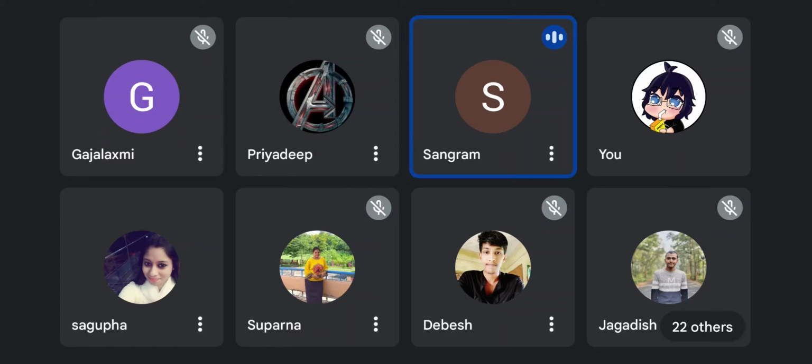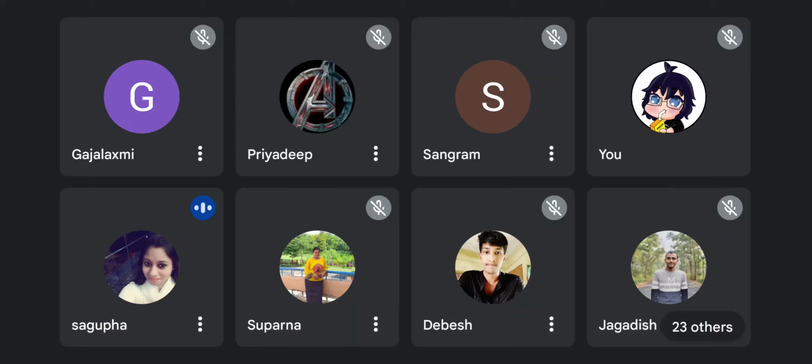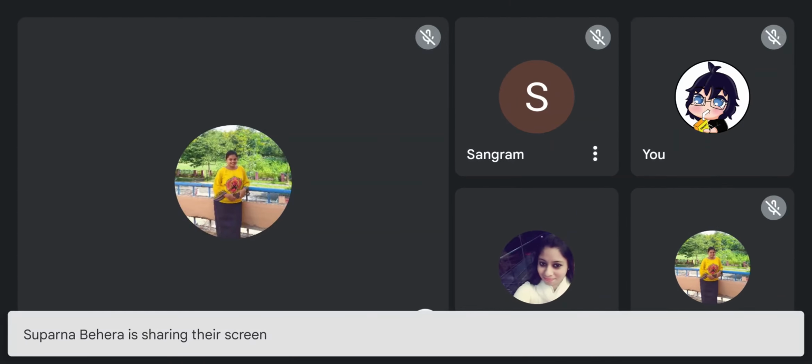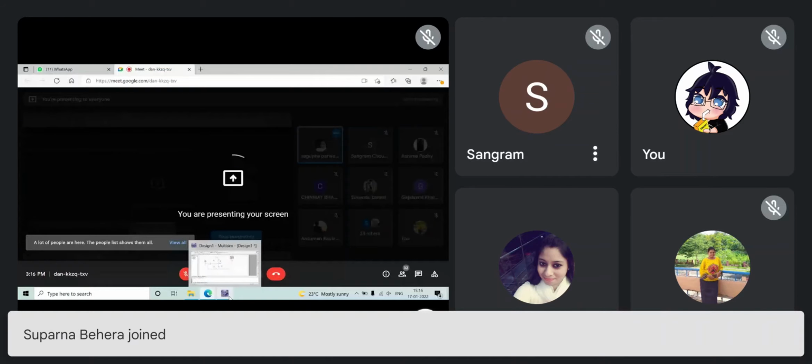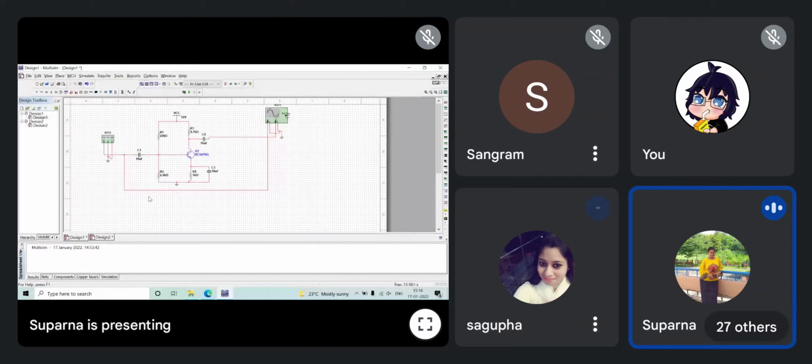The negative part of the output is cut, let me see, wait. This one is for the bypassed capacitor. What is the value of beta you have taken?